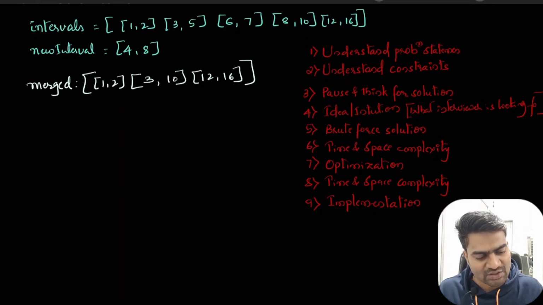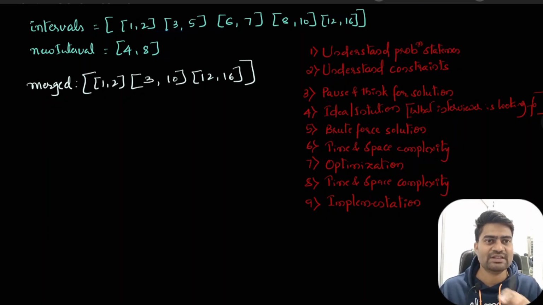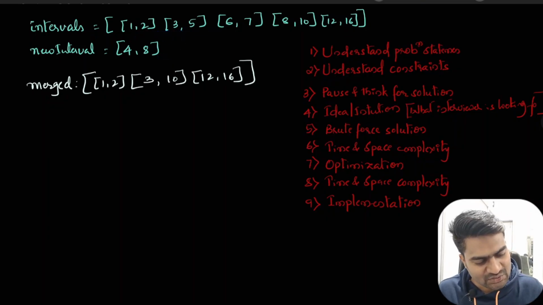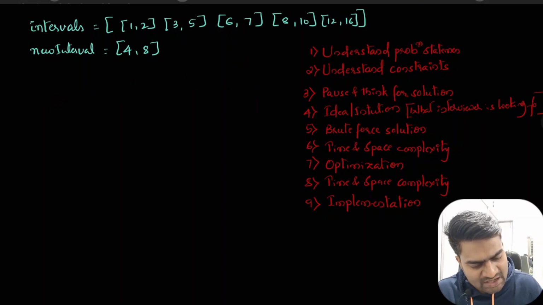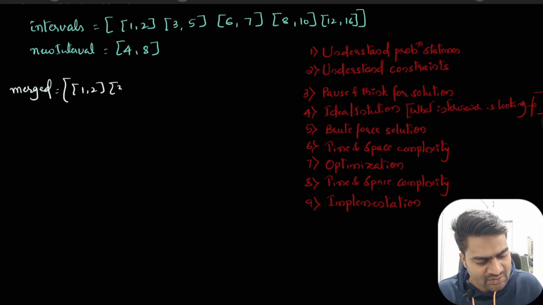So now what I will do, I will first insert this at the end of the intervals. Then what I will do, I will simply sort it. Okay, so now if you see my merged interval will be something like this: 1, 2, then 3, 5, then 6, 7, 8, 10, 12, 16.